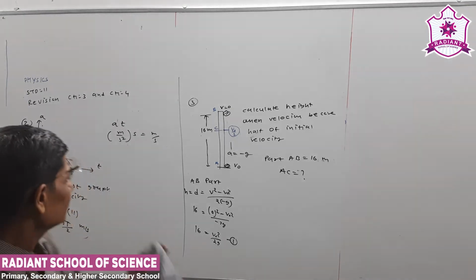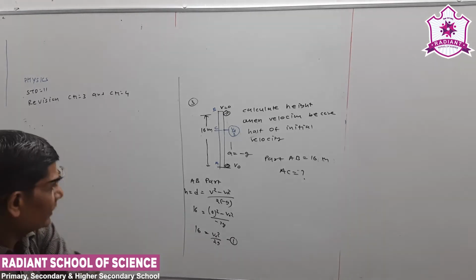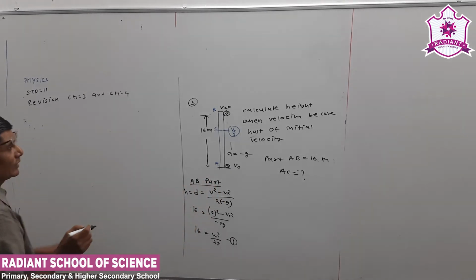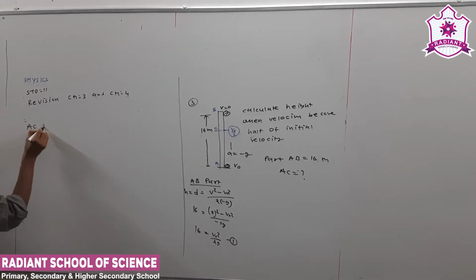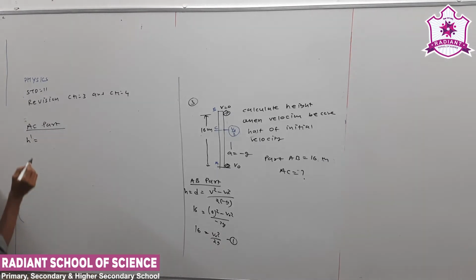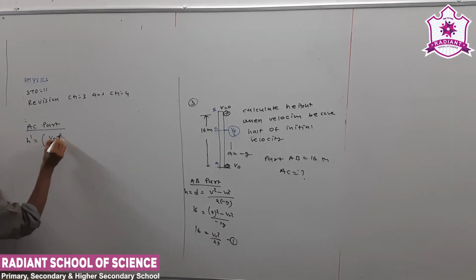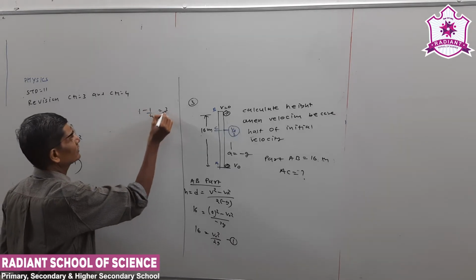Now consider the AC part, where at point C the velocity has become half of the initial velocity. So now we solve for the part AC. Let us say the distance covered is h dash. This h we have taken as 16. See here, the final velocity is v0 by 2, so h dash is (v square minus v0 square) upon minus 2g, that is v0 square upon 2g times (1 minus 1 by 4). Now you know 1 minus 1 by 4 is 3 by 4.